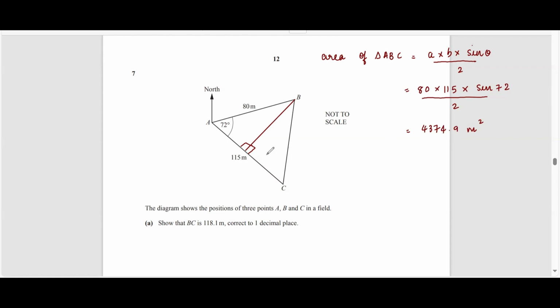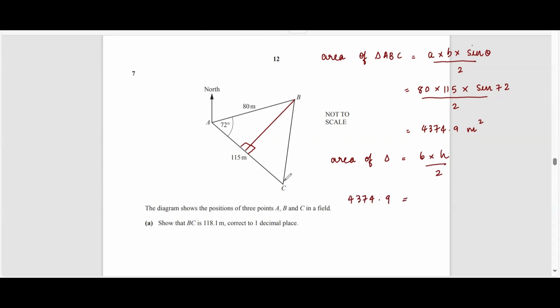Now, I got the area of this triangle. Now, I'm going to use the traditional basic formula for area of a triangle. We know area of a triangle is base times height divided by 2. I already know the area of this triangle. We got it as 4,374.9.